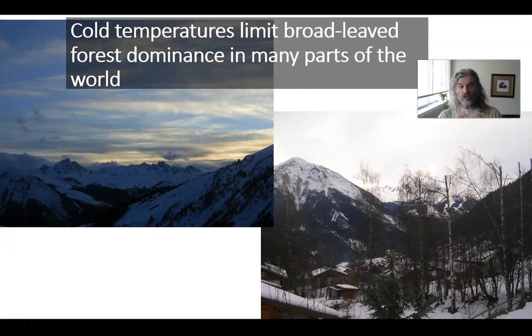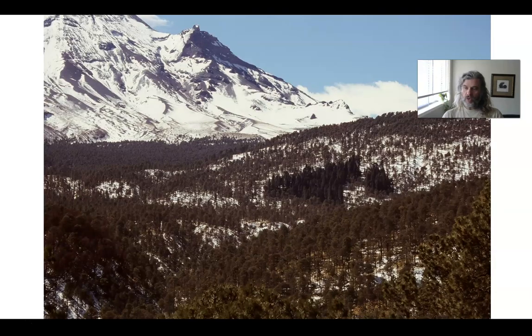And these two photographs show that there are some broadleaf species that can persist at somewhat lower elevations. These are birch species. They're adapted to the very cold conditions here in the winter, but eventually they reach their limits as well. Look elsewhere in the world. This is from Mexico. That's Volcan Popocatépetl there in the background.